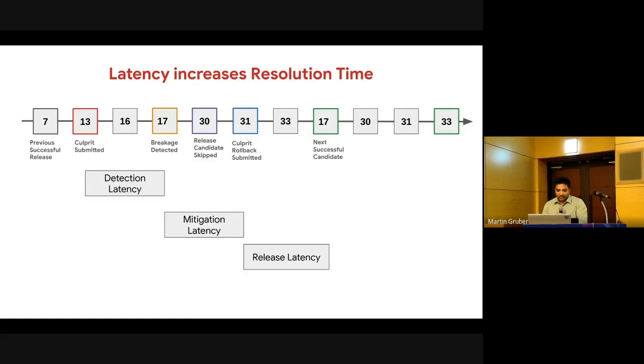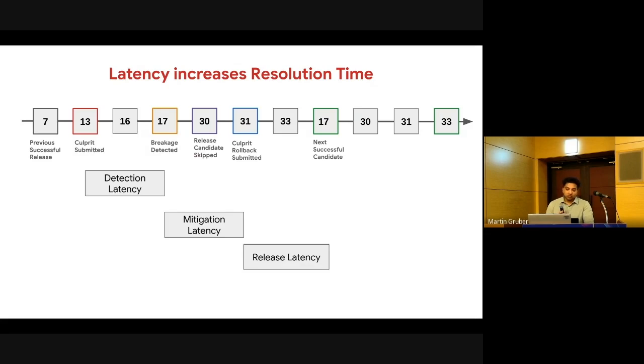So to sort of break down this problem, I have this very text-heavy slide, so hopefully we can talk through this. So the scenario is roughly that you had a successful release at this CL7 in the history, and you have a new breakage that's introduced that affects your project at CL13.